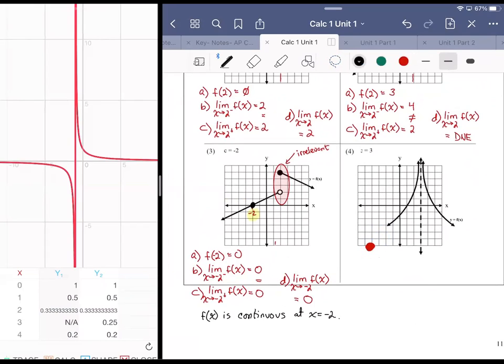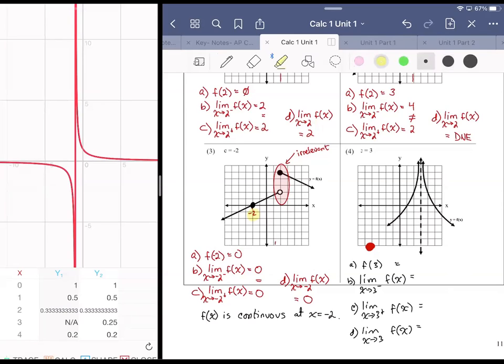I'll write: the limit as x approaches 3 from the left of the function, the limit as x approaches 3 from the right of the function, and the limit as x approaches 3 overall of the function.